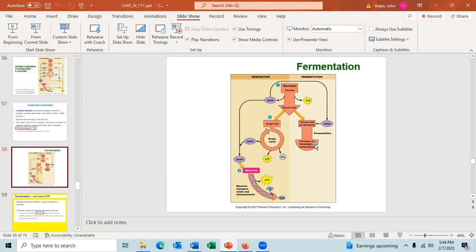But the two that we'll talk about are where ethanol, ethyl alcohol, is the fermentation end product. And that's the one we use to make beer and wine. I think that's the one that's used also, at least in part, to make fermented breads, like sourdough bread.